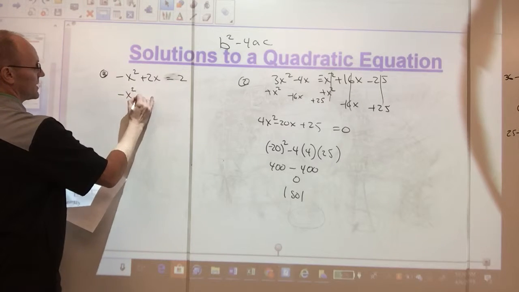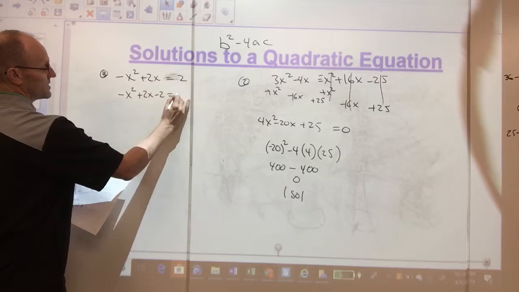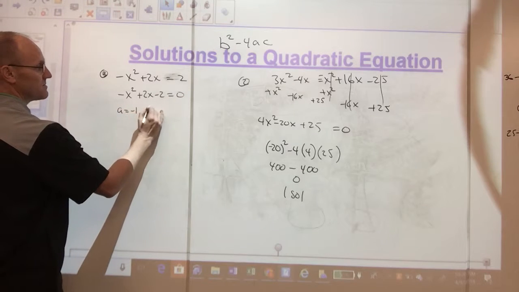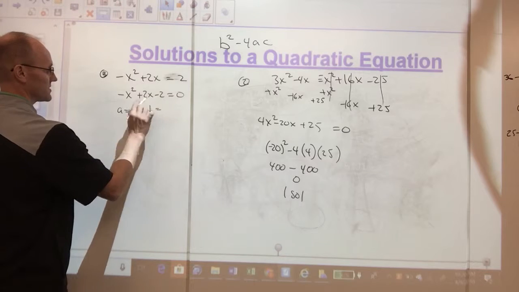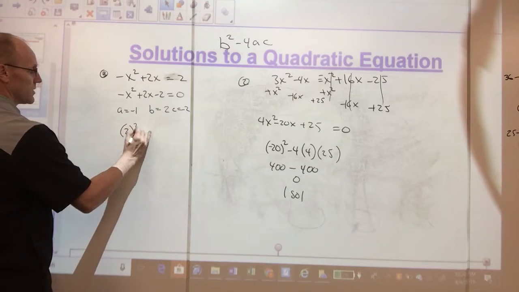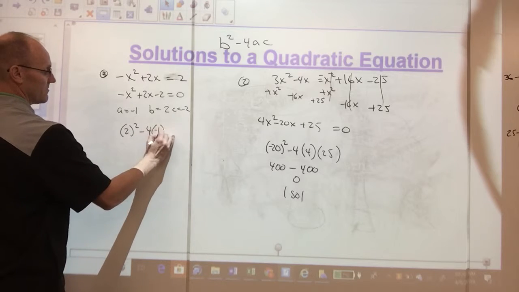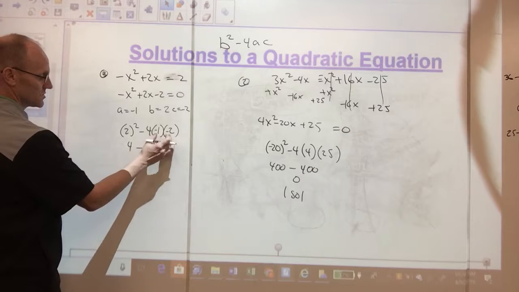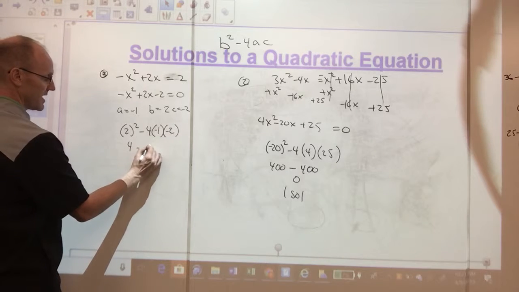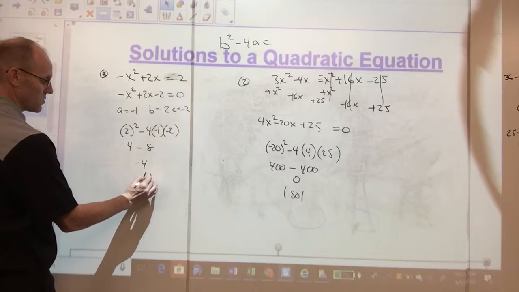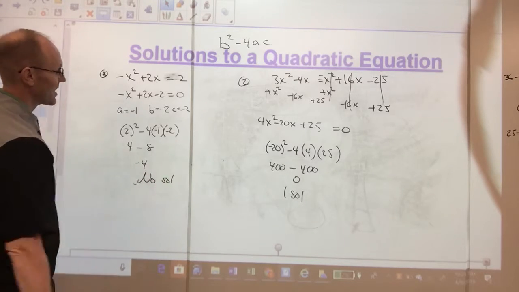So I get negative x squared plus 2x minus 2 equals 0. So a equals negative 1, b equals 2, c equals negative 2. So I take 2 squared minus 4 times negative 1 times negative 2. So I get 4 minus 8, since negative times negative is positive. I get negative 4, which is a negative, so no solutions.